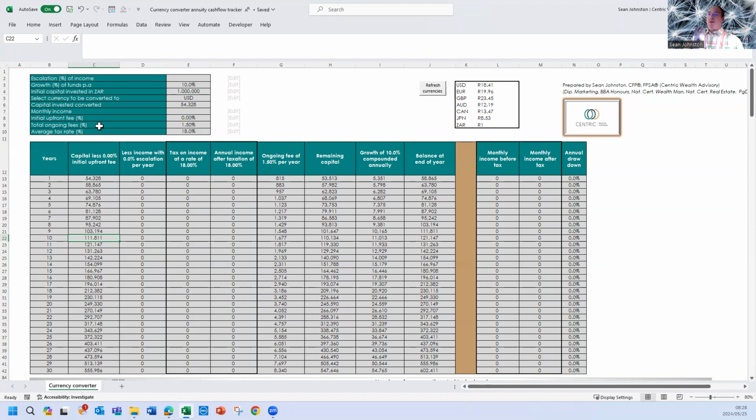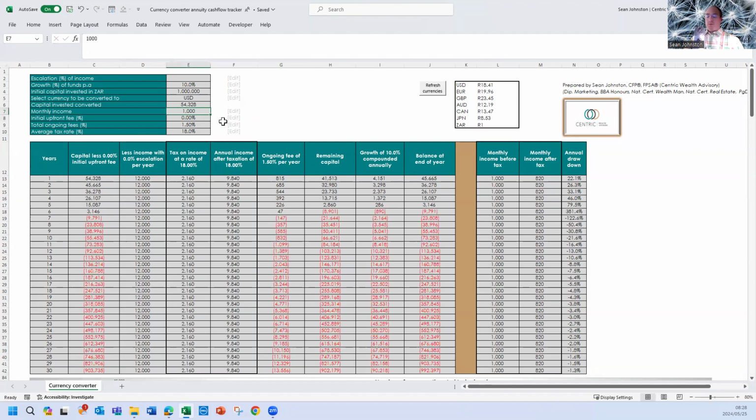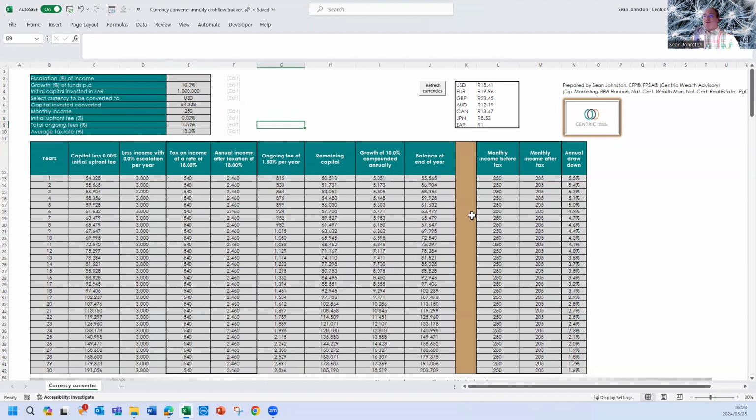But the reason why I'm working in rands into offshore is because I want to illustrate to you what happens when you're converting from rands, because we are obviously in South Africa, and we convert it into an offshore currency. What you can also do further to this is, let's say you invest and you convert it into US dollars, and now you want to take $250, which doesn't seem like a lot. $250 times the exchange rate gives you a concept in rands.